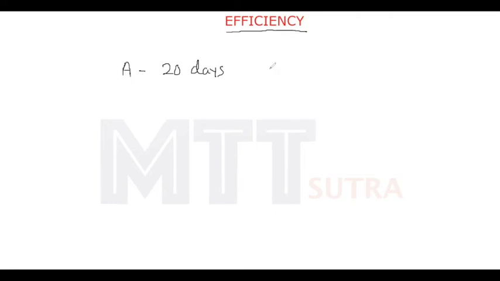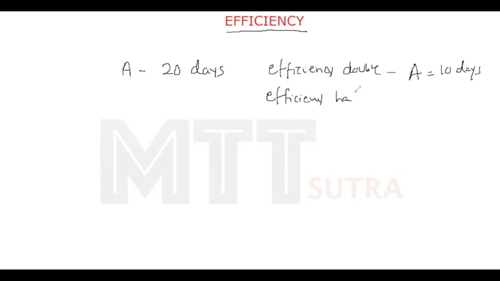So the number of days required by A to finish the job will be 10 days only, just half. Similarly, if efficiency of A becomes half, then how many days are required by A to finish the job? That will be just the double, because it is inversely proportional. A will require 40 days to finish the job.